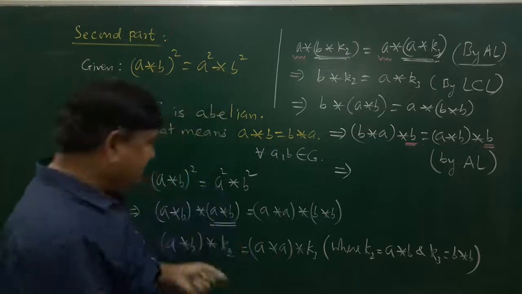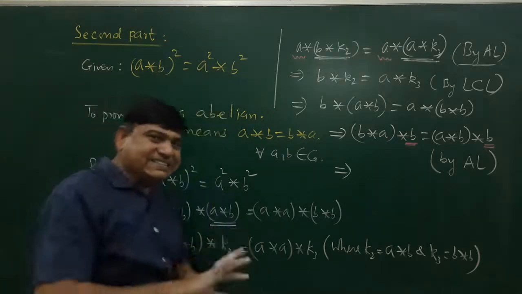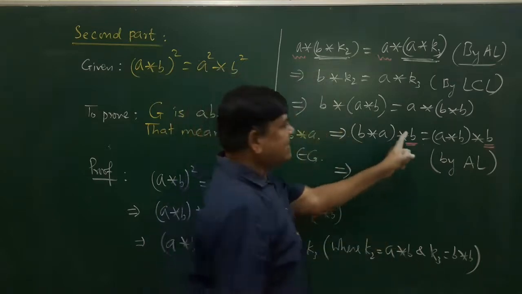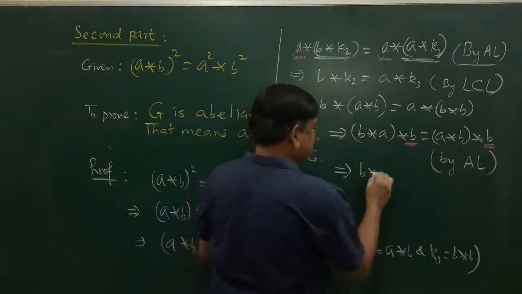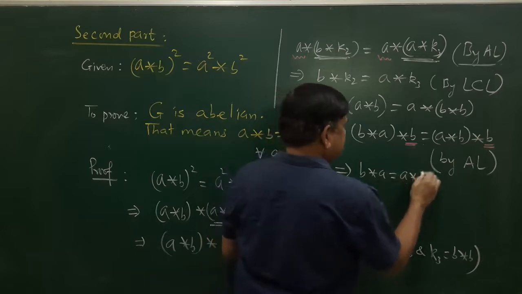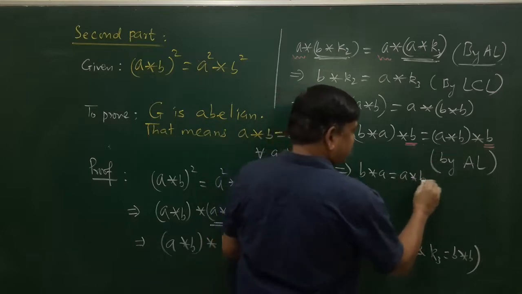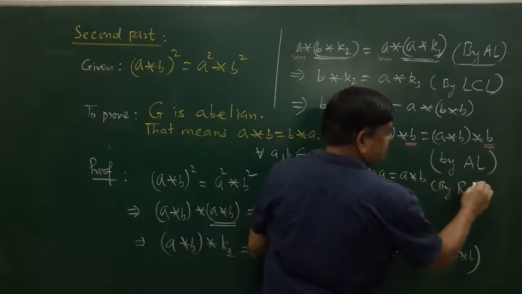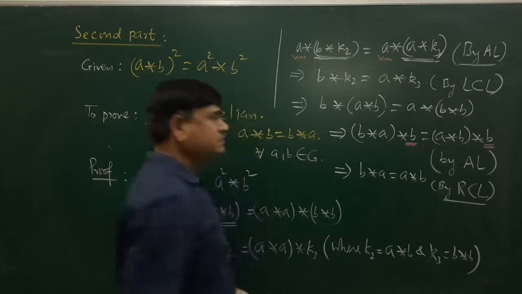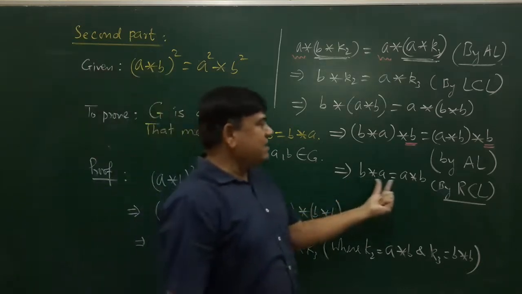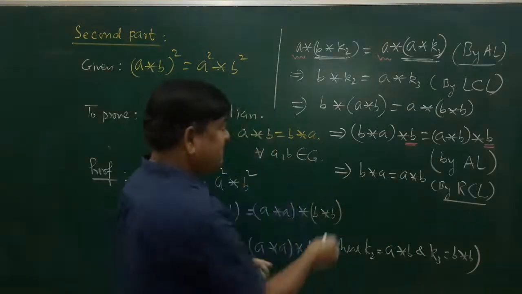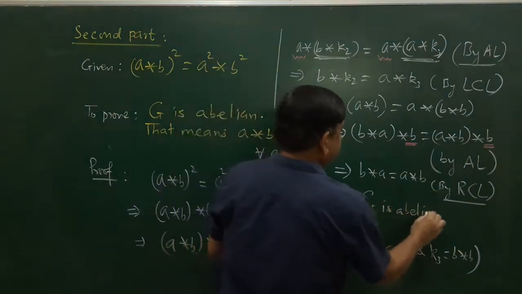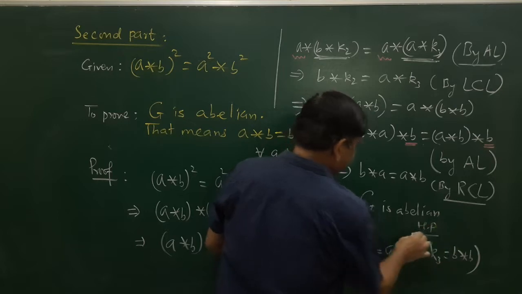We are applying associative law and cancellation law, nothing more than it. Right cancellation law. So this is by right cancellation law. b star a equals a star b. This implies G is abelian.